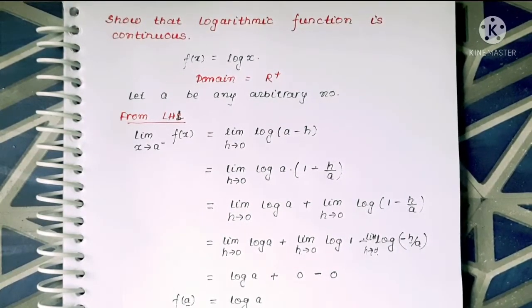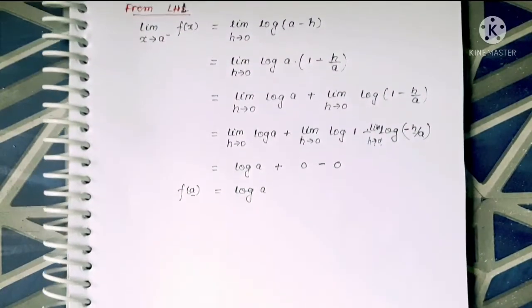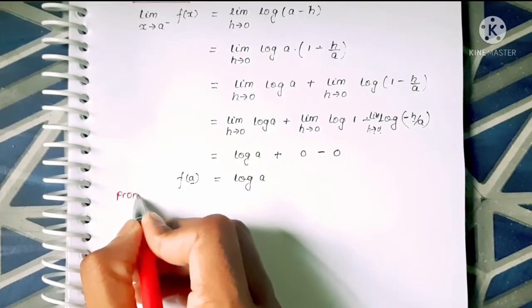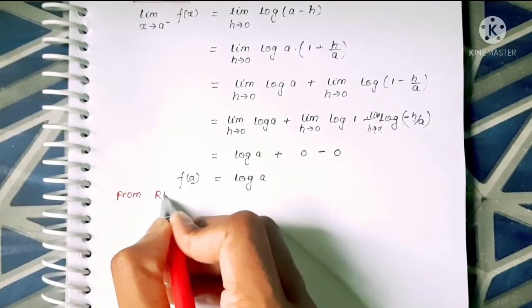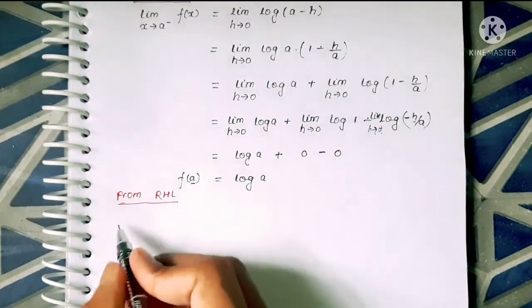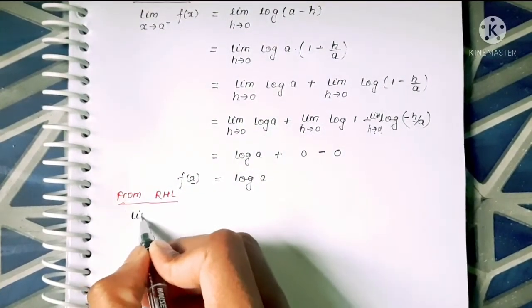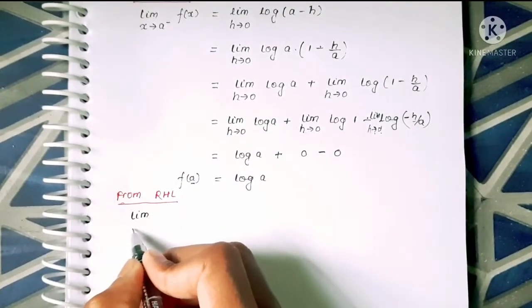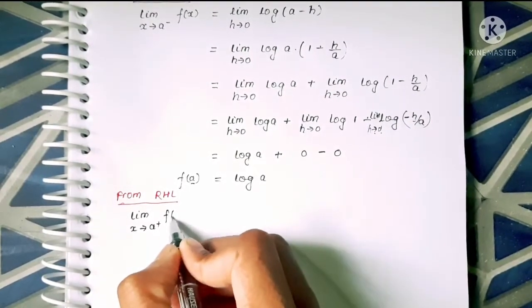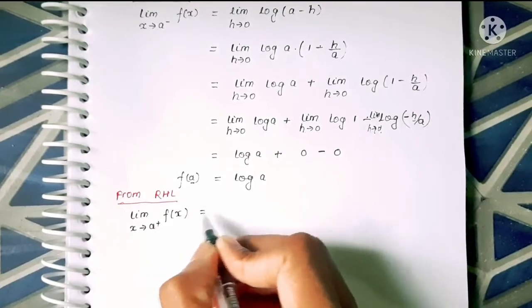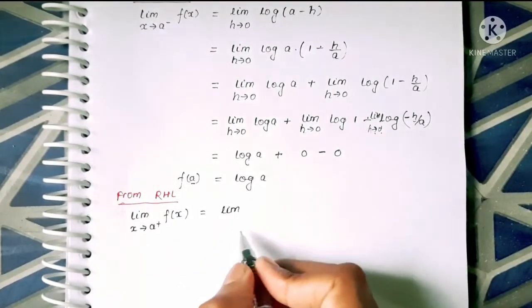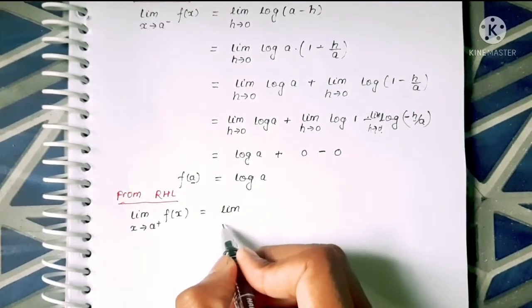Now we will do the right hand limit. In the right hand limit, x will tend to a positive. So our function is log x, and as we did in the left hand limit we will do here also.